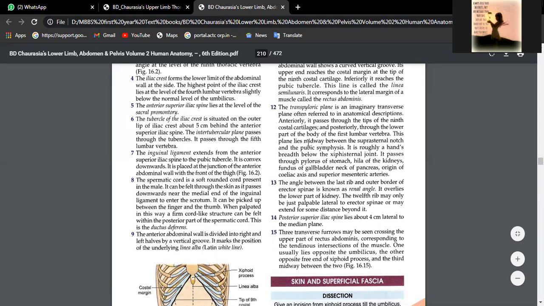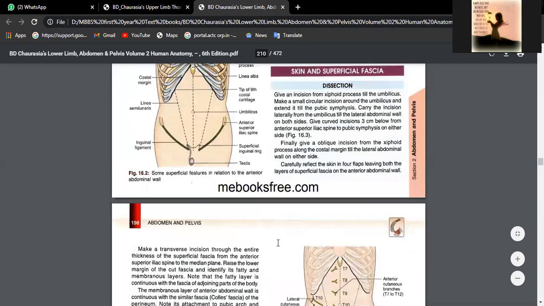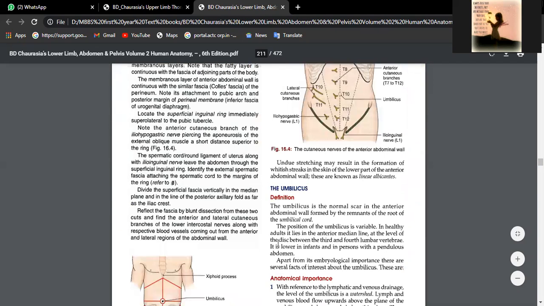This plane lies midway between the suprasternal notch and the pubic symphysis, roughly a hand's breadth below the xiphisternal joint. It passes through the pyloric part of the stomach, hila of the right and left kidneys, fundus of the gallbladder, neck of the pancreas, and origin of the celiac axis and superior mesenteric arteries. So this point you should write for 2 marks, beta.